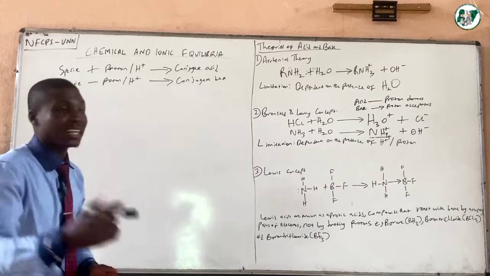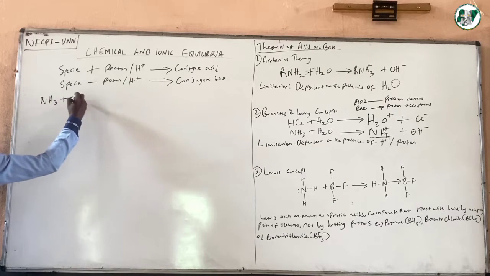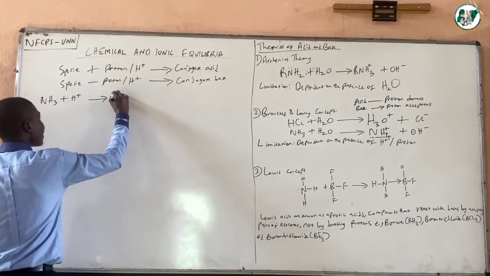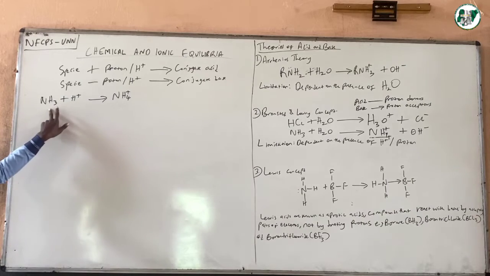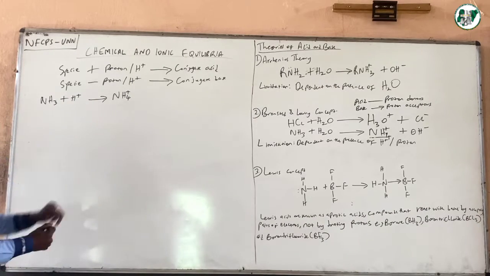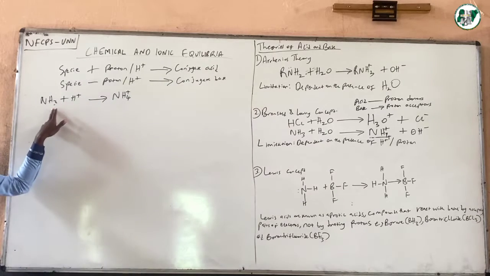So let us have practical examples. This is NH3 plus H+. What is it going to give us? It will give us NH4+, because you now have 4 hydrogens. This compound is going to be called the conjugate acid of NH3.